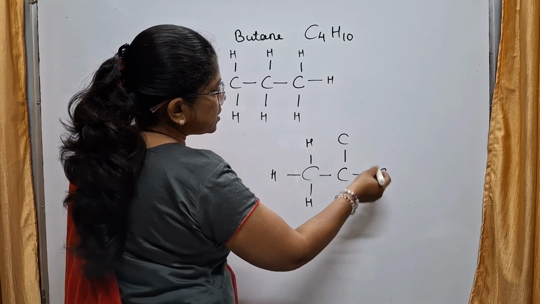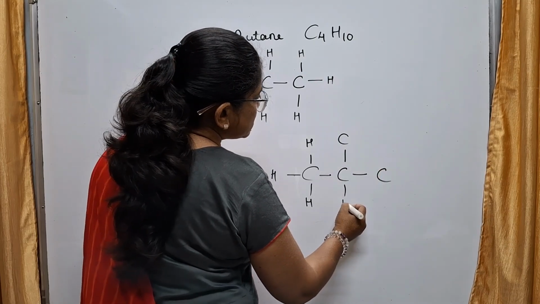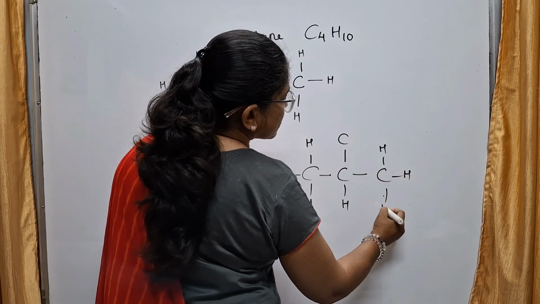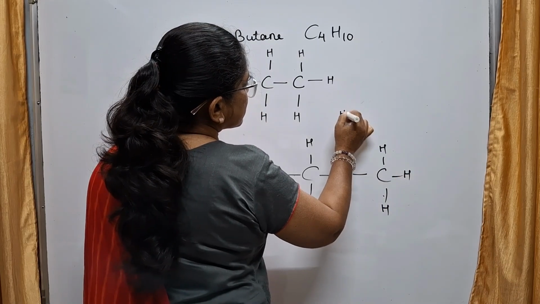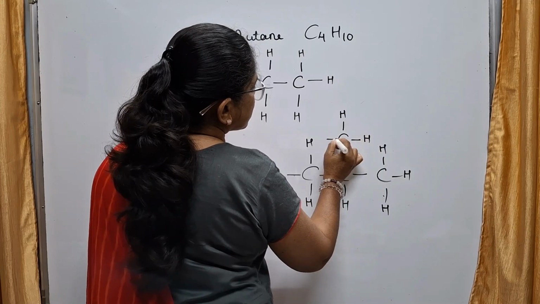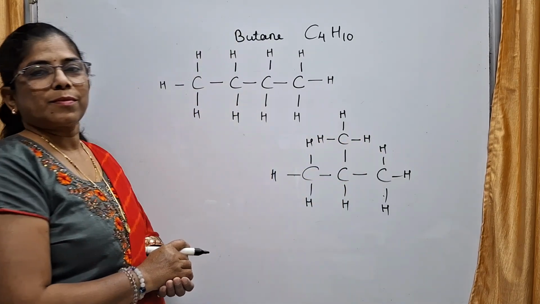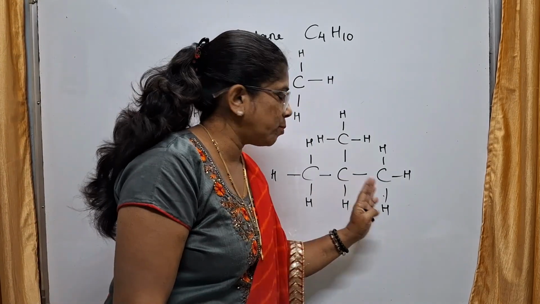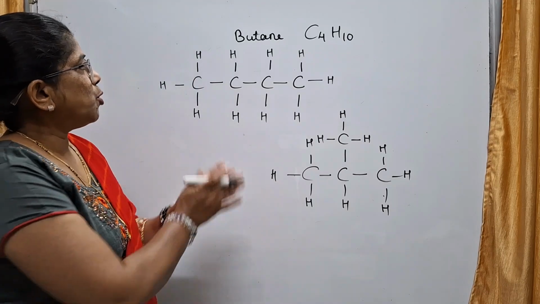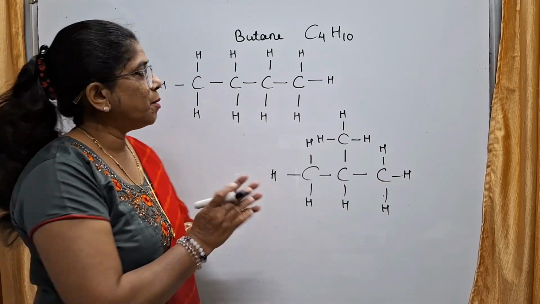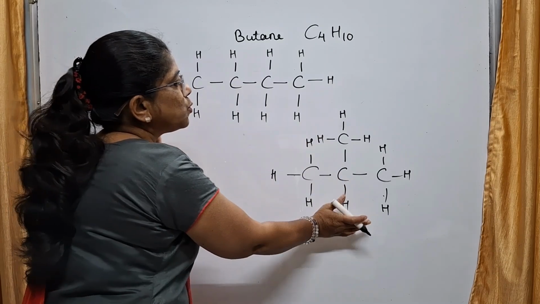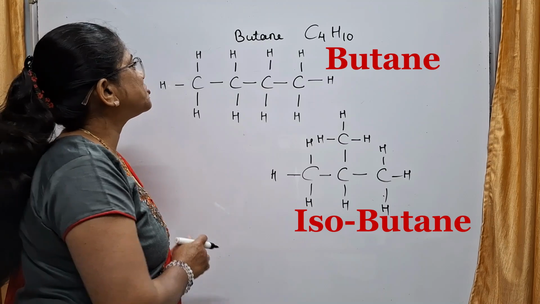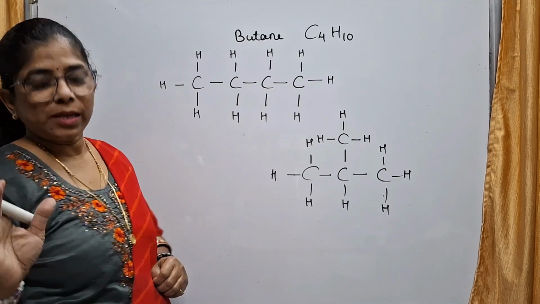Here 3 bonds are already formed by this carbon atom, so only one hydrogen will come here. Now in one case the carbon is forming a straight chain, and in this case the carbon is forming a branch chain. So the molecular formula is the same, C4H10, but this butane exists in 2 different structures, butane and isobutane. So these are structural isomers. This is one simple example.